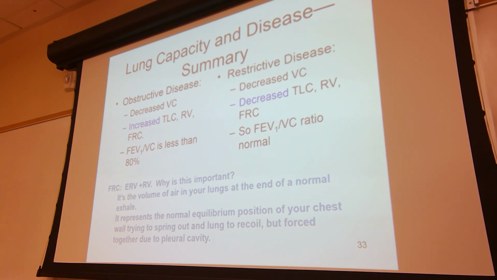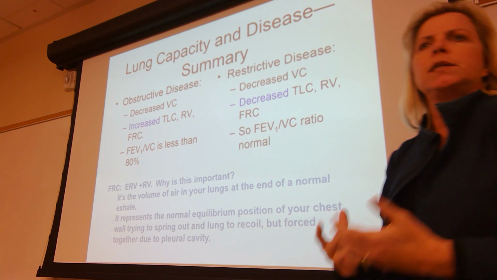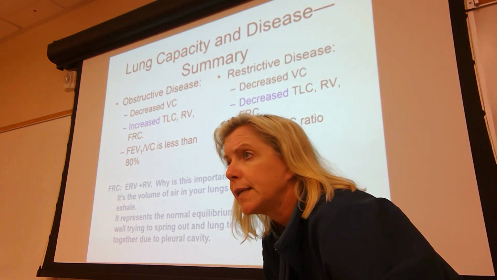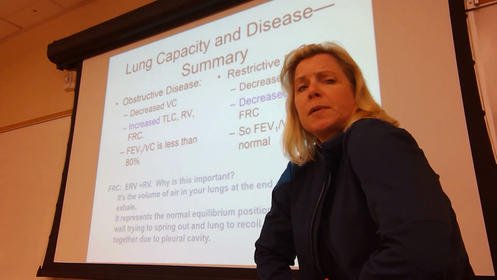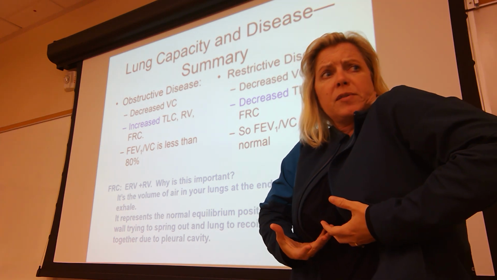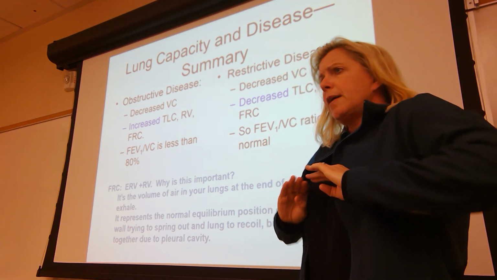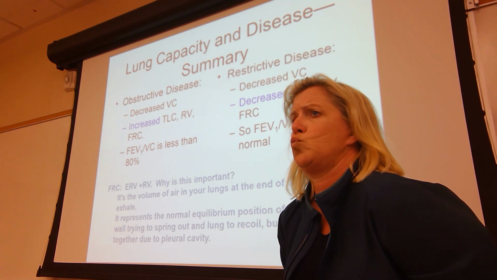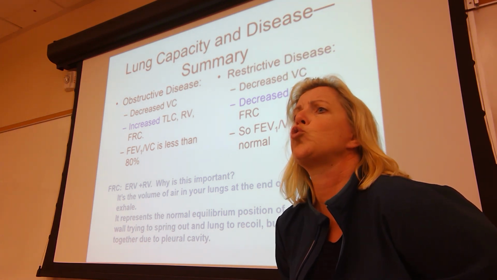Obstructive disease, trying to get the air out. How would you look? You'd be bent over, tripod, hands on your knees. You would use your abdominal muscles to push your viscera up as much as you could, doming your diaphragm as much as you could, and you might even purse your lips like this.